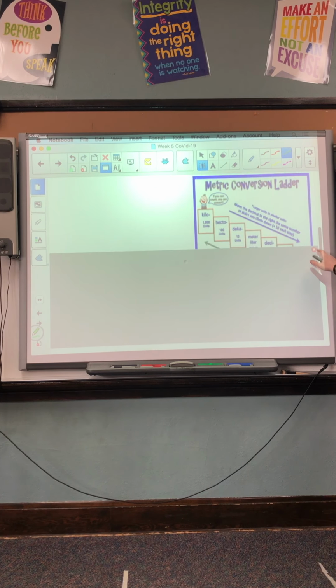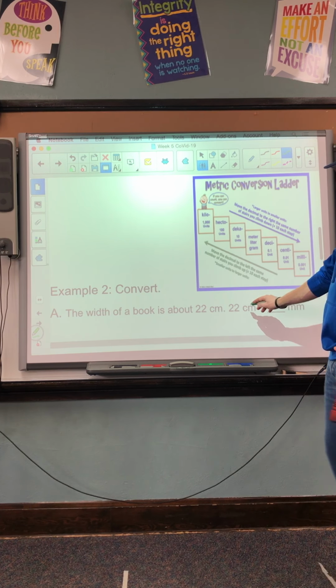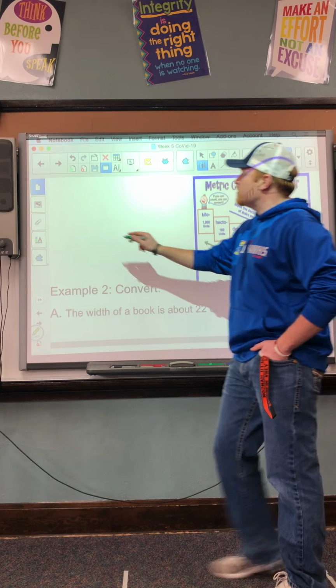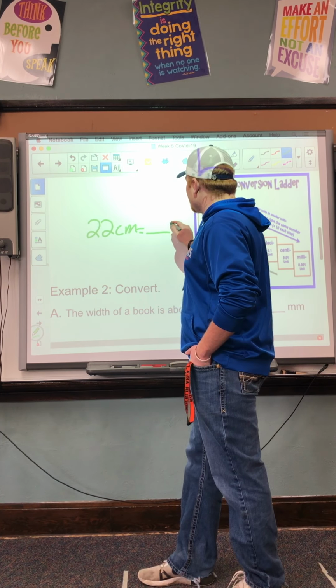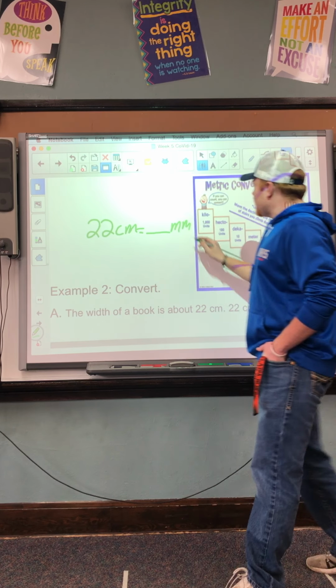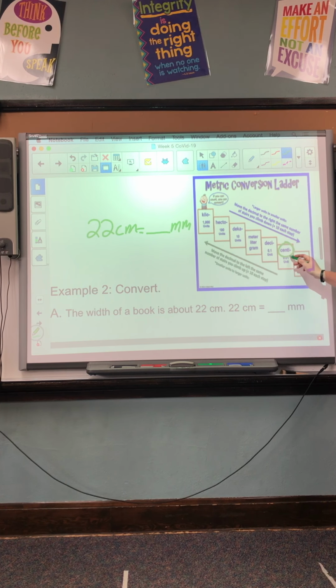Now I'm just putting the same table here for each example. The width of a book is 22 centimeters. 22 centimeters equals how many millimeters? So we're going 22 centimeters equals blank millimeters. Again, we're talking about centimeters, so let's find centimeters first, which is right here, and millimeters.